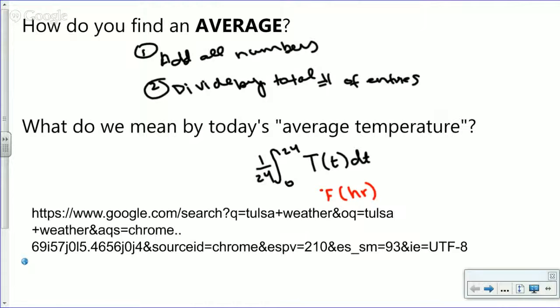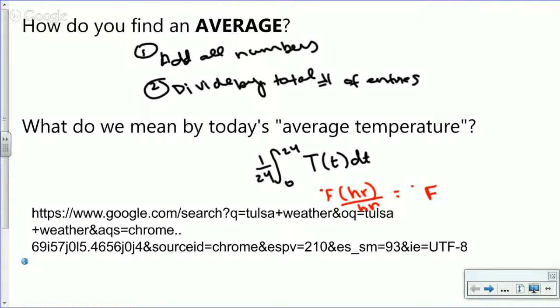So right now the integral part is in degrees Fahrenheit times hours, which doesn't make a whole lot of sense, right? But when I go to step 2 and I divide by 24, 24 is in hours also, right? So I have degrees Fahrenheit times hours over hours, which leaves me with degrees Fahrenheit, which is a reasonable unit for my average temperature, right?